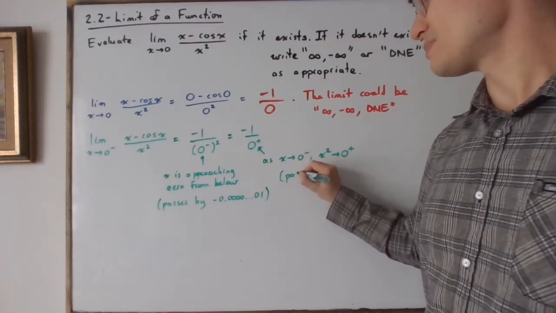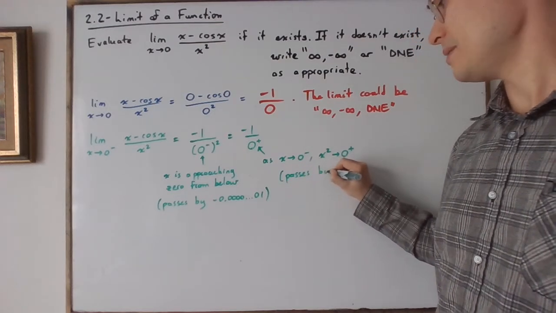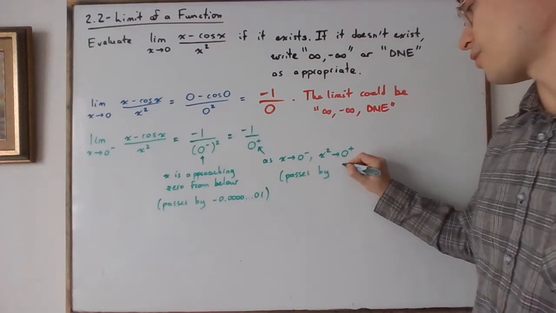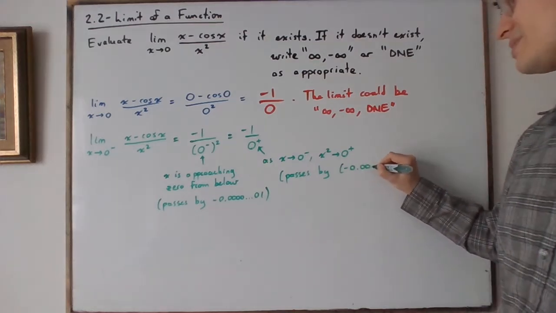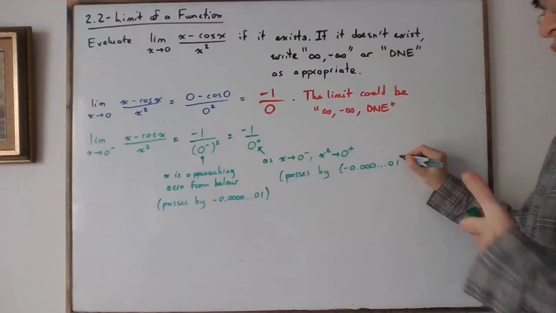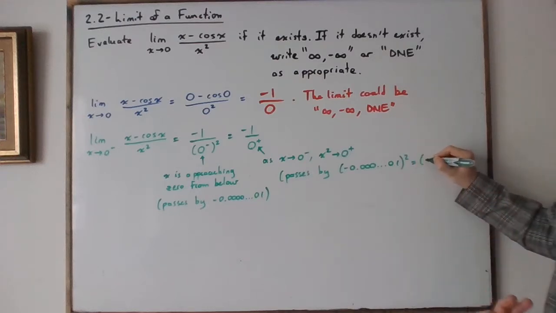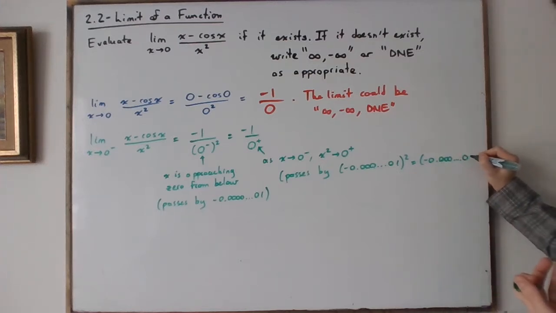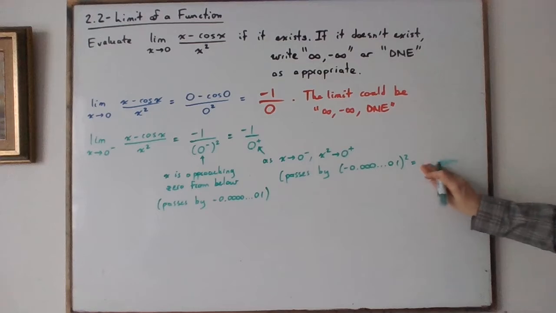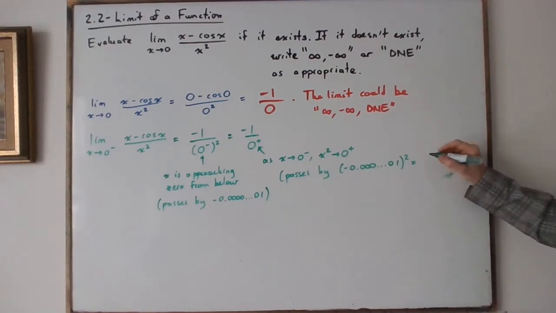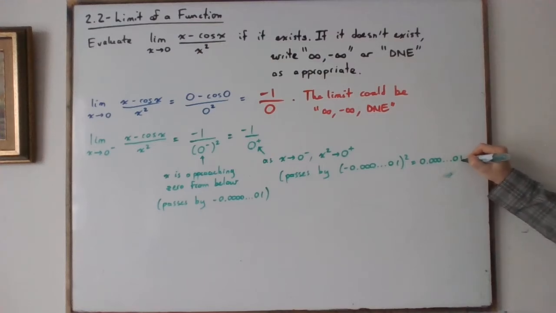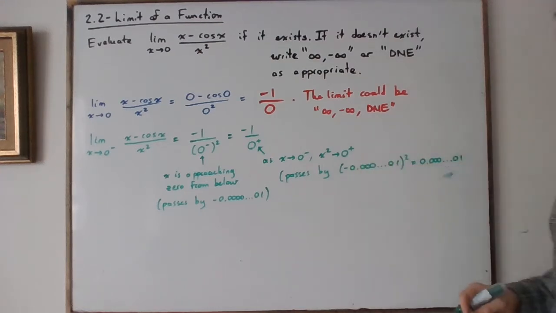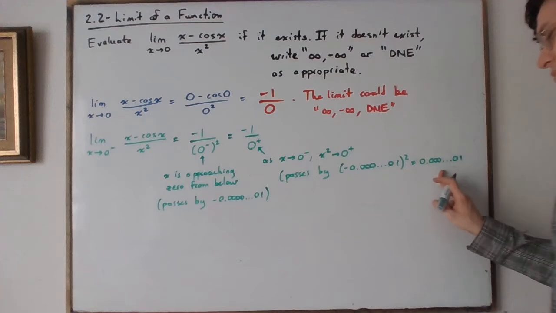Because it passes by, for example, negative 0.000 all the way down to 1. As you square this, you're going to have even more zeros, and you're going to have a positive number. It's not going to be the same number of zeros.